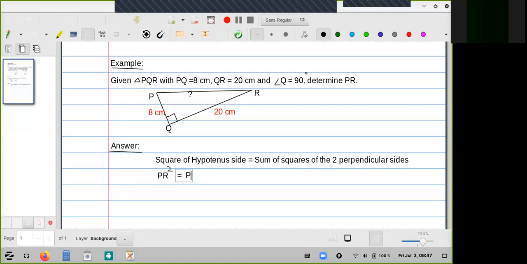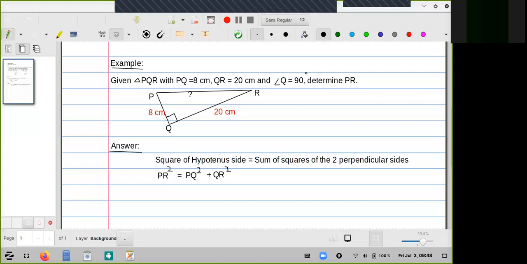It's PQ squared. Then we add it to, remember sum simply means add. Add it to QR. So our QR is also squared.